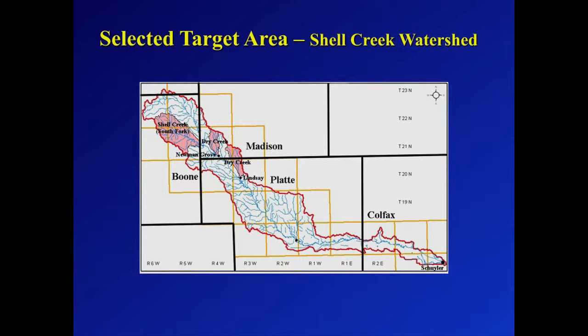Altogether, there are about 300,000 acres in that watershed. We broke it down into 10 or so different sub-watersheds where we would focus for about a year and then move on. This FarmLink program ran for a couple of years and was focused in the three sub-watersheds that you see on the Shell Creek map.